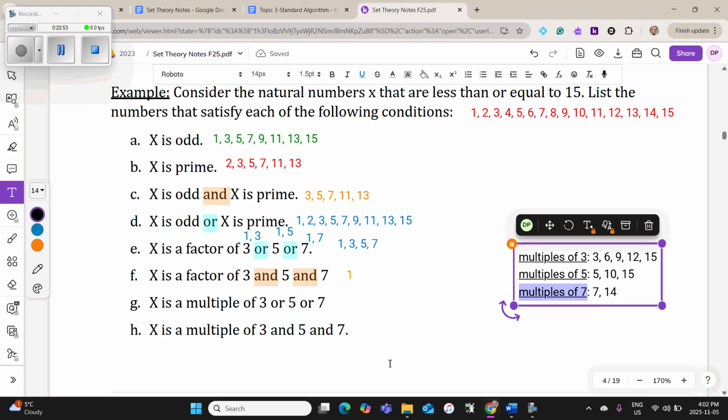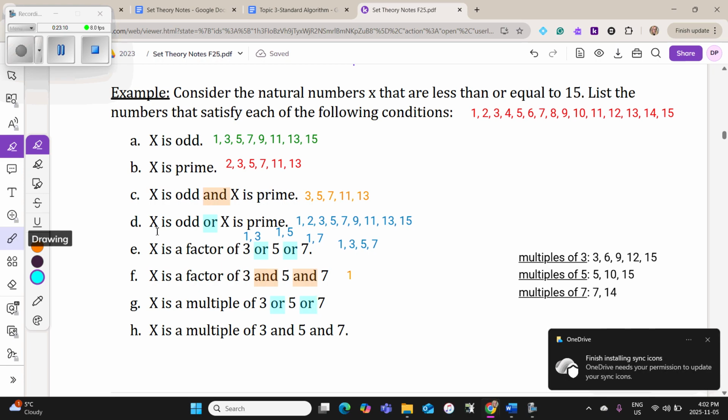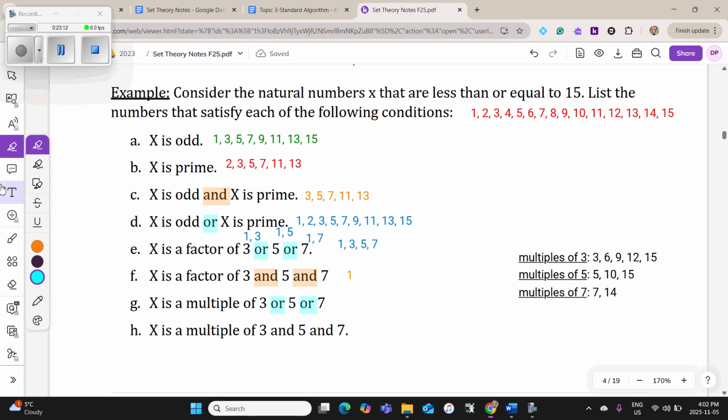So the first one says x is a multiple of 3 or 5 or 7. So we're using that word or. Remember when we're using the word or, it can be any of those. So we're going to take all of those numbers from our list and combine them into one list.